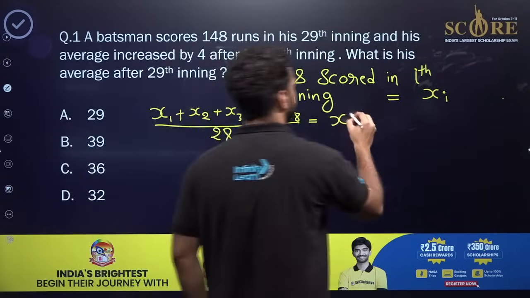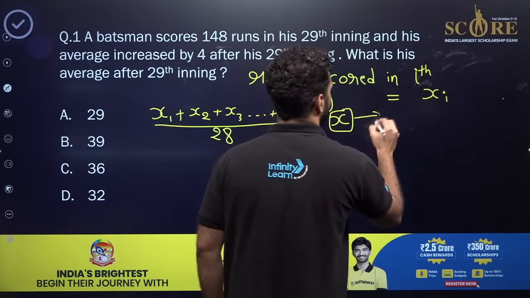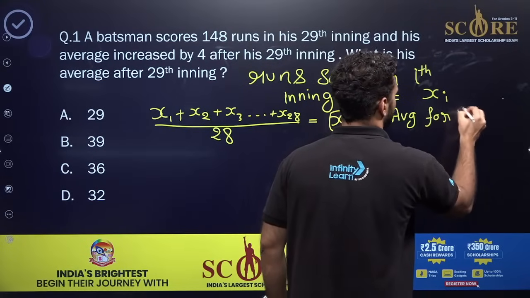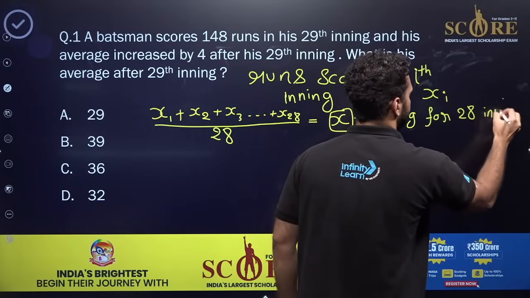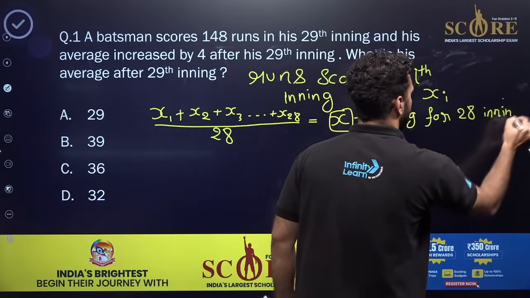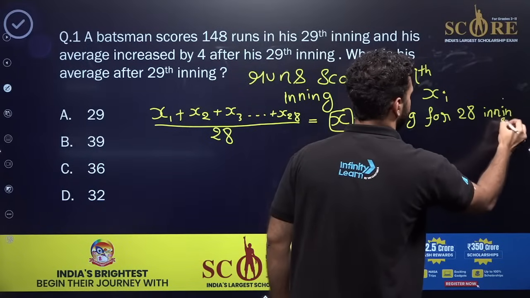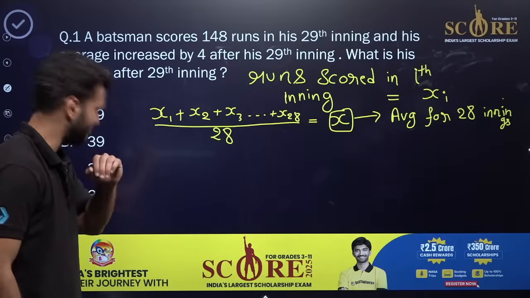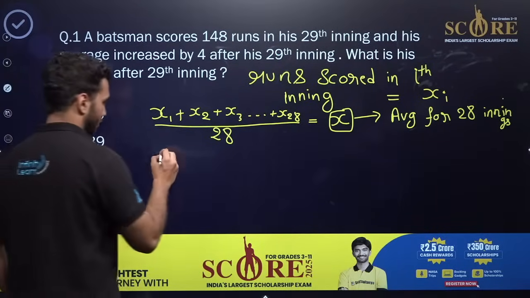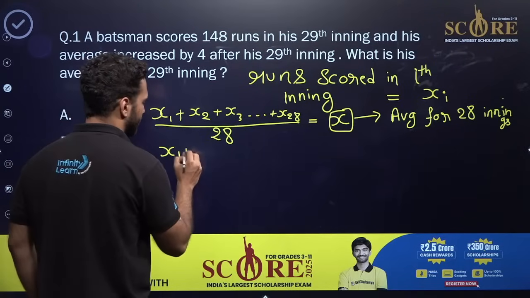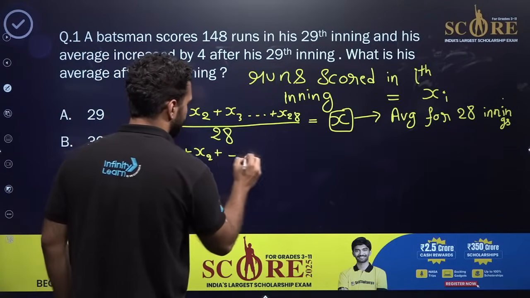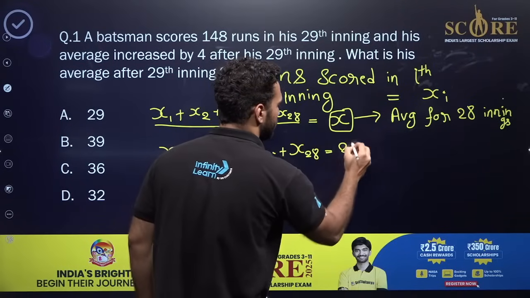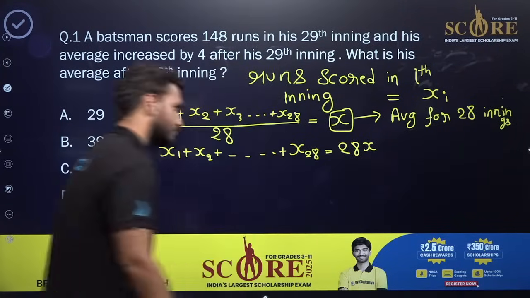What is x? X is the average for 28 innings. Okay. Can I say this, x1 plus x2 plus dash dash dash up to x28 is equal to 28x? Can I say this?